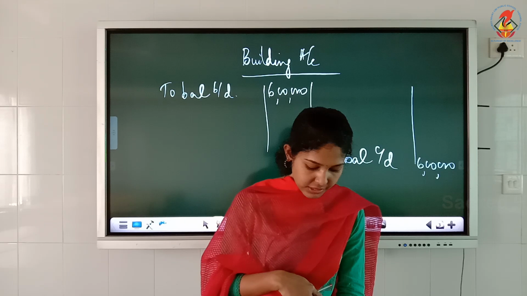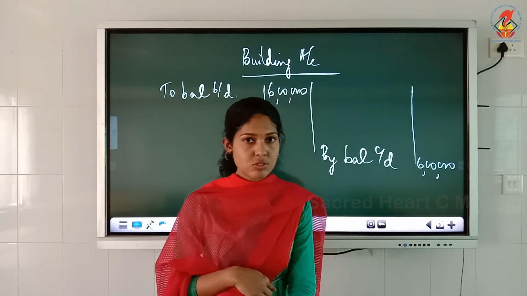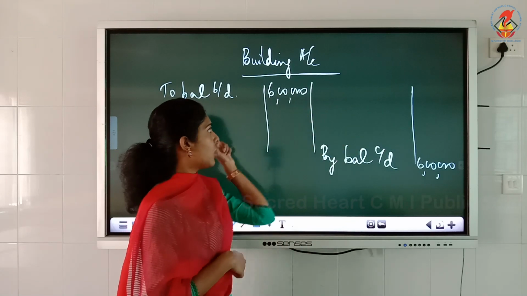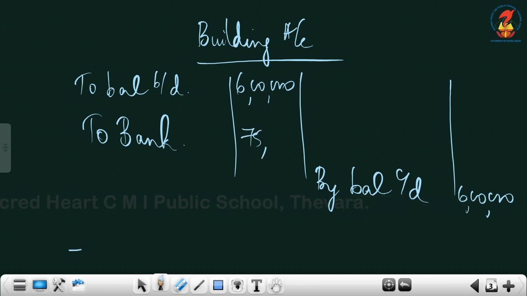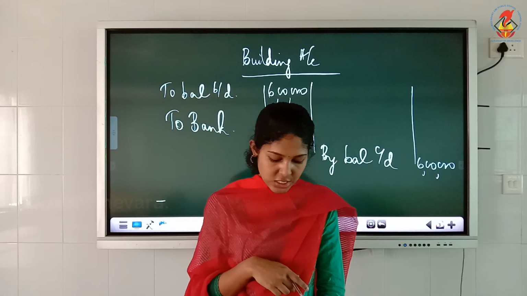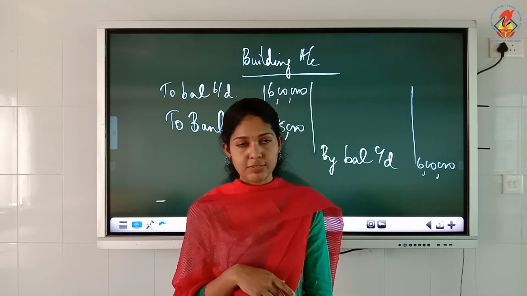And here it is written like building was purchased for rupees 75,000. What is the journal entry? Building account debit to bank account. It is to bank. We have written in the format also. Usually this will be taken as balancing figure, but here it is directly given. So to bank. Then old building, the book value of which was 63,000, sold at a loss of 5,000.